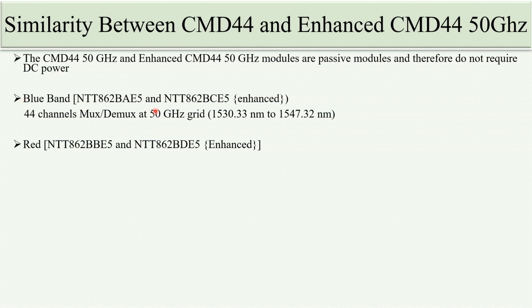So this is the blue band, a 44 channel mux demux at 50 GHz grid. For the blue band, the wavelength range is 1530.33 nanometer to 1547.32 nanometer. There are two versions of the blue band CMD44 available: NTT 862 BAE5 for the CMD44 blue band, and NTT 862 BCE5 for the enhanced CMD44 blue band.